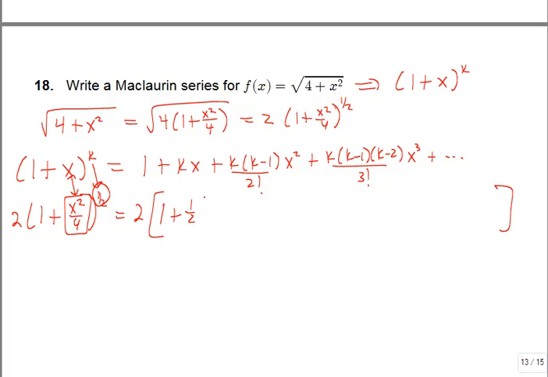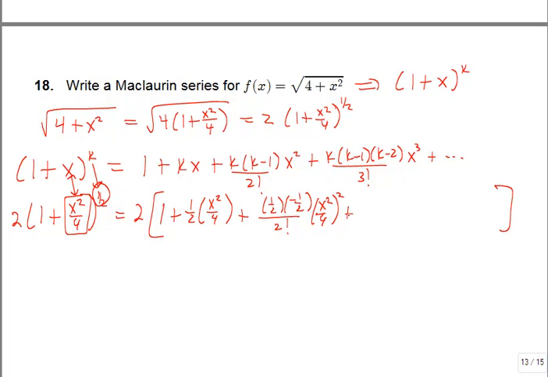So I'm going to use x squared over 4. Plus k again, which again is 1/2, times (k minus 1). Well, 1/2 minus 1 is negative 1/2, all over 2 factorial, and this x is getting replaced with x squared over 4, and we want to square that.